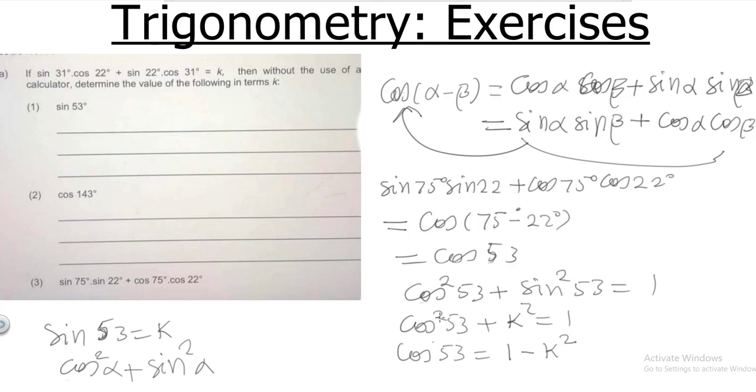This will look a bit ugly, but cos 53 degrees will be equal to the square root of 1 minus k squared. That is our final answer.